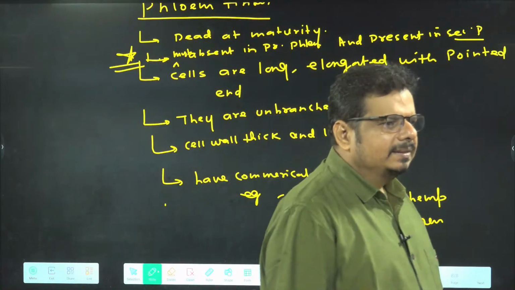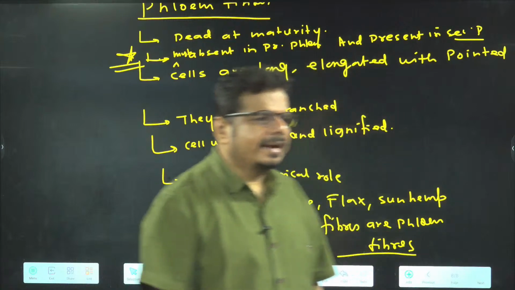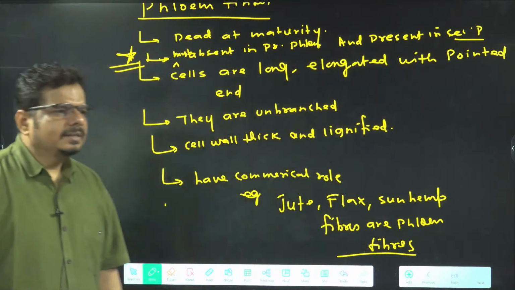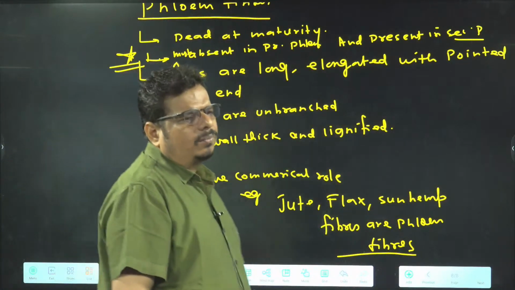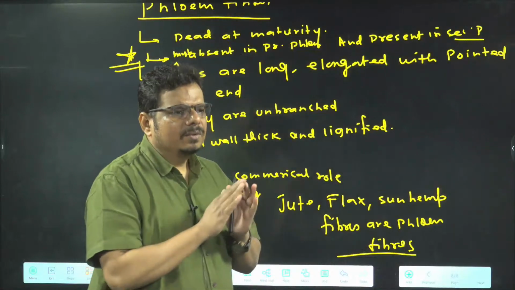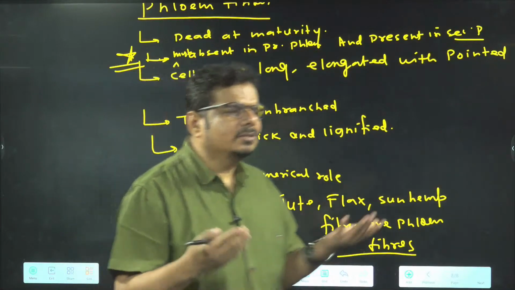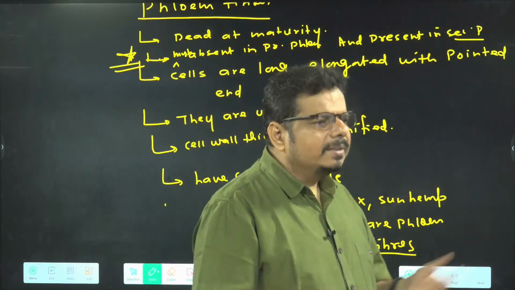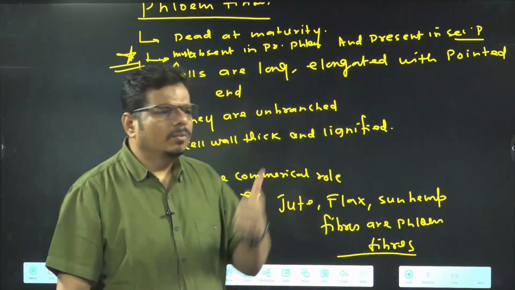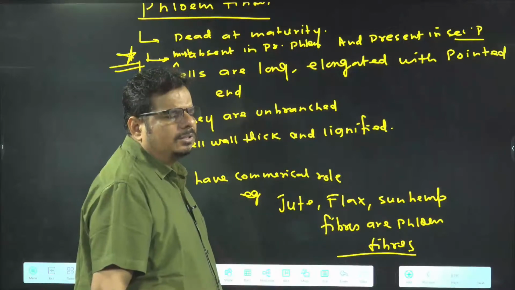Phloem fiber. These are the fibers coming from where? Extracted from phloem fiber. So all four components of phloem are also over. And phloem is also called bast, so it is bast fiber. No problem. Done? Over. Now I am going to talk about the types of phloem.